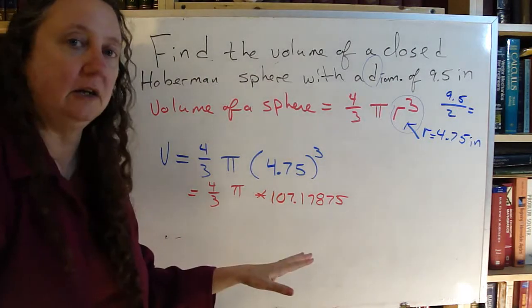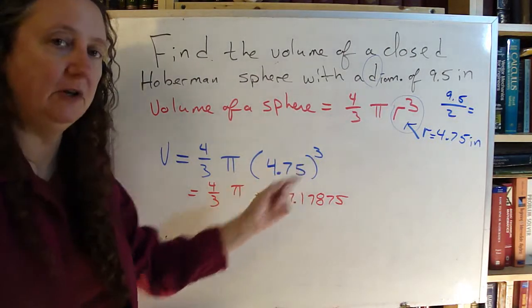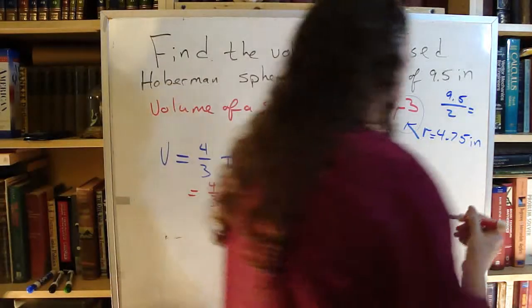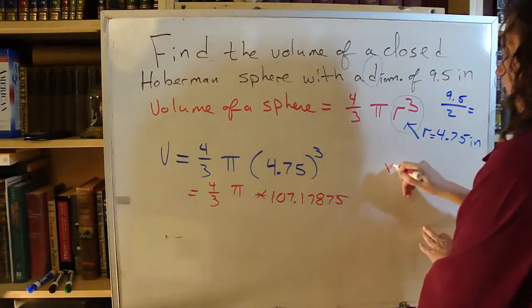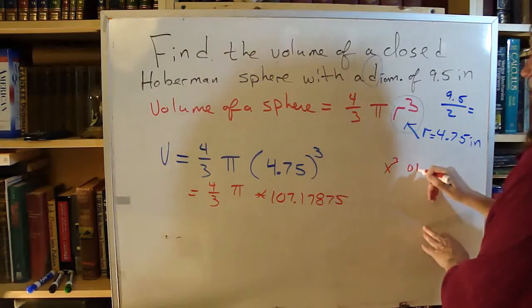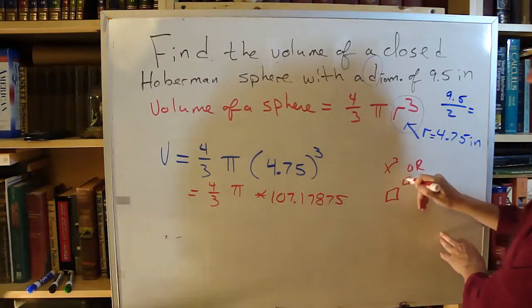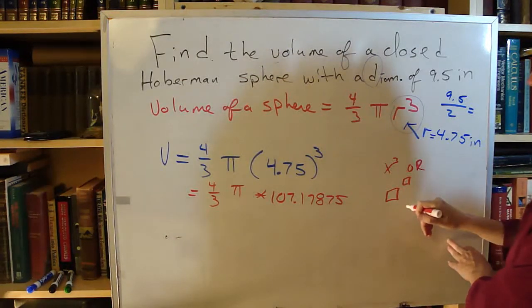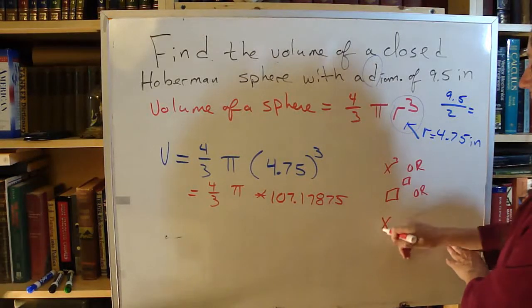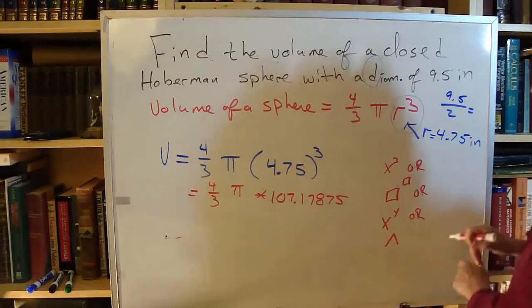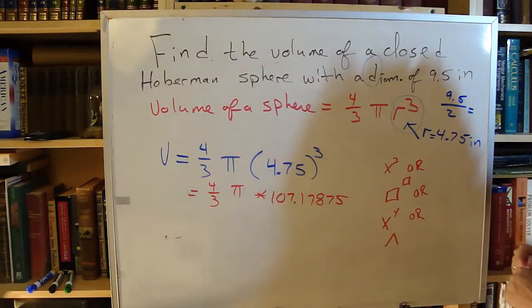So on your calculator, to raise something to the third power, you might have an x to the third button, or you may have a box with a little box above and after it, or you may have an x to the y button, or you may have a caret or chevron button.